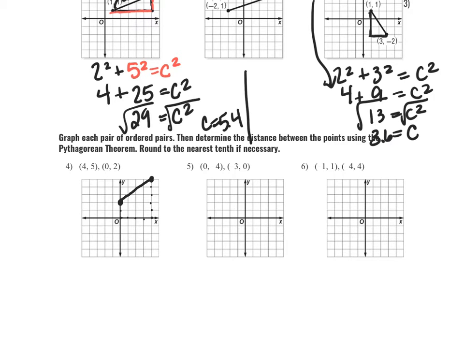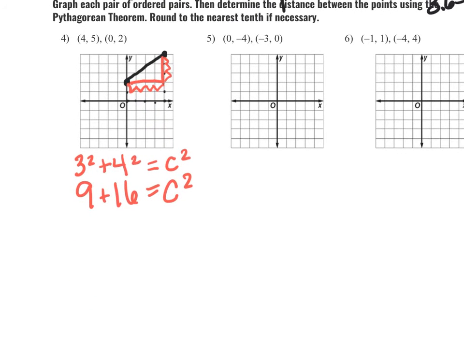Okay, so right here, if I finish and complete the right triangle, it would be 1, 2, 3 units, and then 1, 2, 3, 4 units. So it'd be 3 squared plus 4 squared equals c squared. This is going to be a perfect right triangle. 3 squared is 9, 4 squared is 16 equals c squared. Okay, so 25 equals c squared. The square root of c squared and the square root of 25, c is equal to 5. So that's a perfect right triangle.